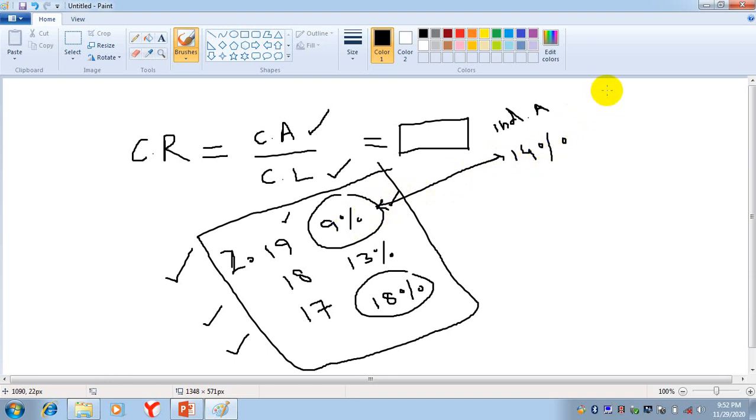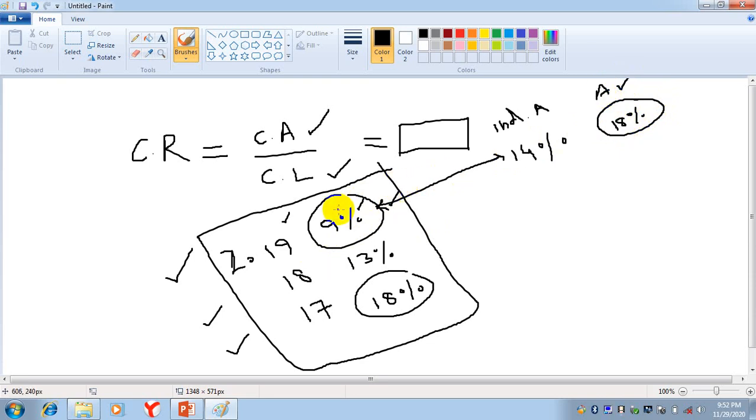Suppose there is another company, market leader, company A suppose, and their ratio is how much? Suppose it is 18%. Our profitability, net profit margin, is 9%, and company A's net profit margin is 18%.